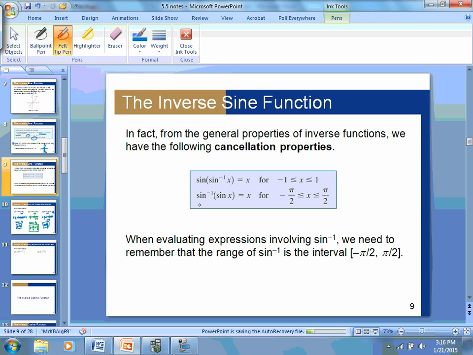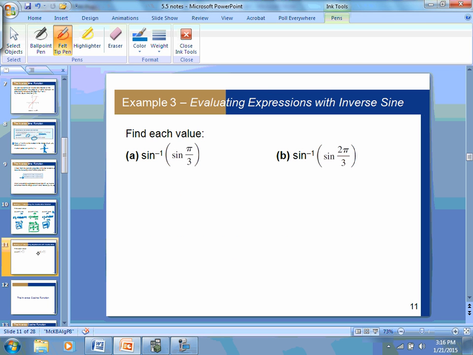Okay, so I want to see if that value that they gave me is between negative pi over 2 and pi over 2. So that's going to be my first thought process. If that value is between negative pi over 2 and pi over 2 on the unit circle, then I can just cancel. If not, then we'll have to evaluate it in a more traditional method.